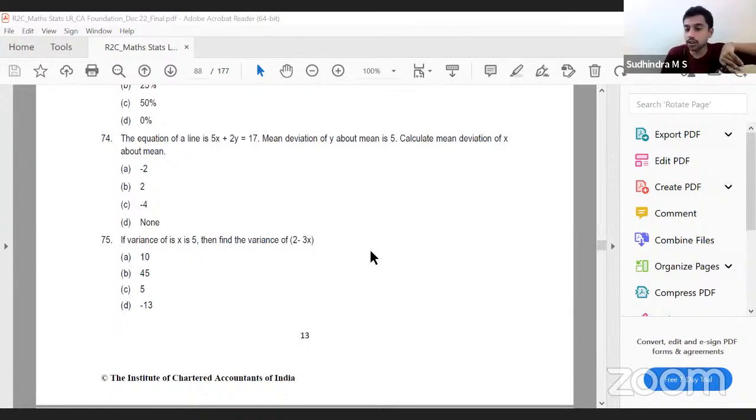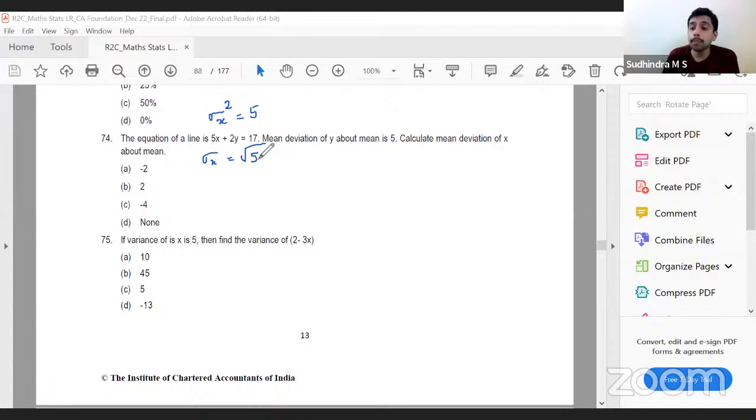Standard deviation also cannot be negative. We have discussed that, right? Sir, 45. 45, correct. Now, variance of x is 5. If variance of x is 5, can I say standard deviation is root of 5?